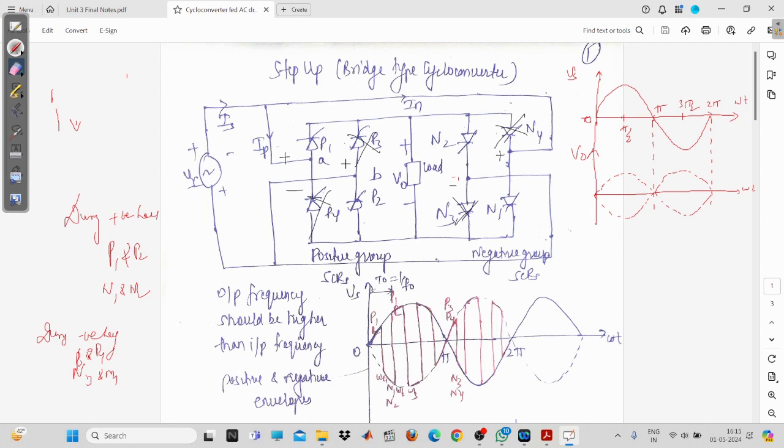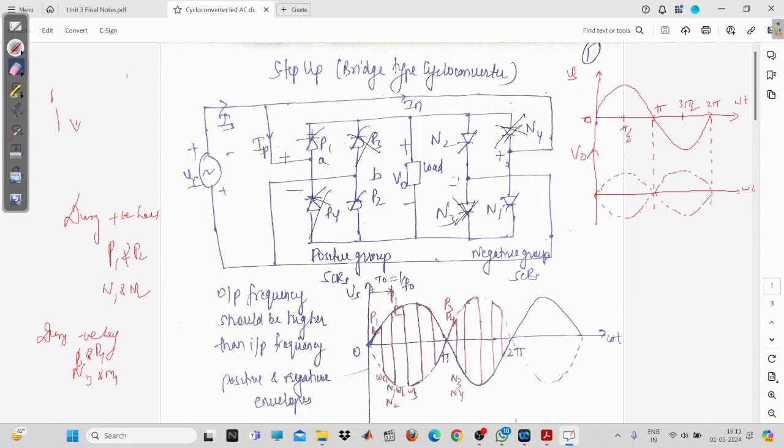Suppose you are giving a pulse to the positive group. What is going to happen? You can see here, the current will flow from the supply voltage, then enter this node, then P1, because you have applied a gate pulse to it. When you apply a gate pulse to the SCR, your SCR will start conducting. You can use GTO also, you can use MOSFET also, it is up to you.